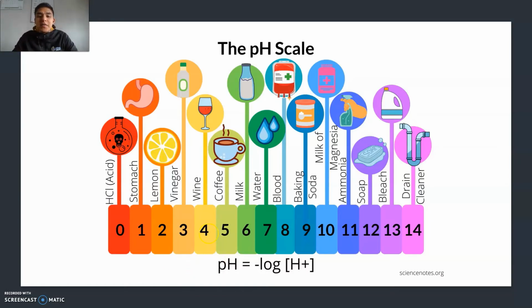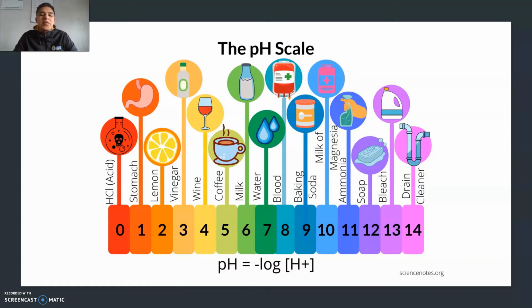If it's right in the middle, then it will have a neutral pH, let's say. So it wouldn't be either or both, right? But right over here, you can notice that we can find water right in the middle with a neutral pH of 7. Which means that this substance is harmless. That's why we can drink it every single day, and it even has a lot of benefits to our body.